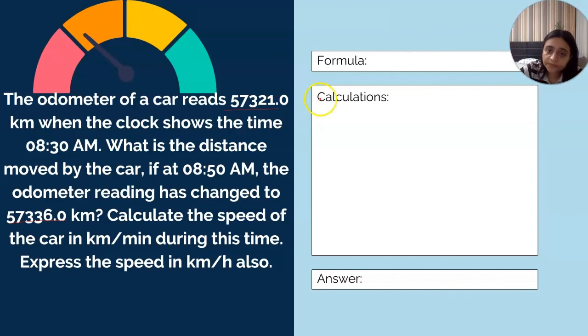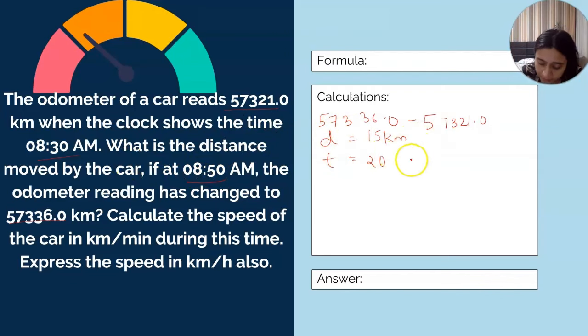So first we will take this one, minus 57321.0, which is going to be approximately 15 kilometers. And you can see there are two times also given, 8:50 a.m. and 8:30 a.m. So you need to find the time difference, here also you are going to subtract, 50 minus 30, which is 20.